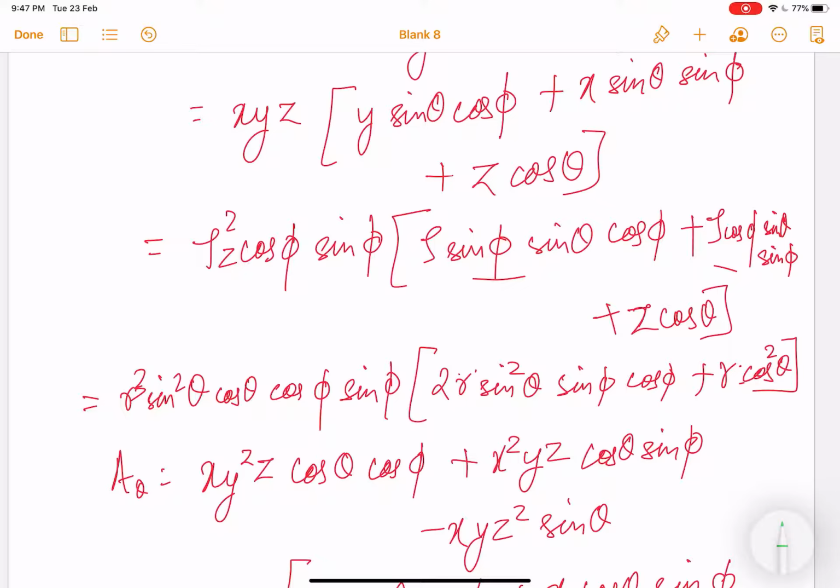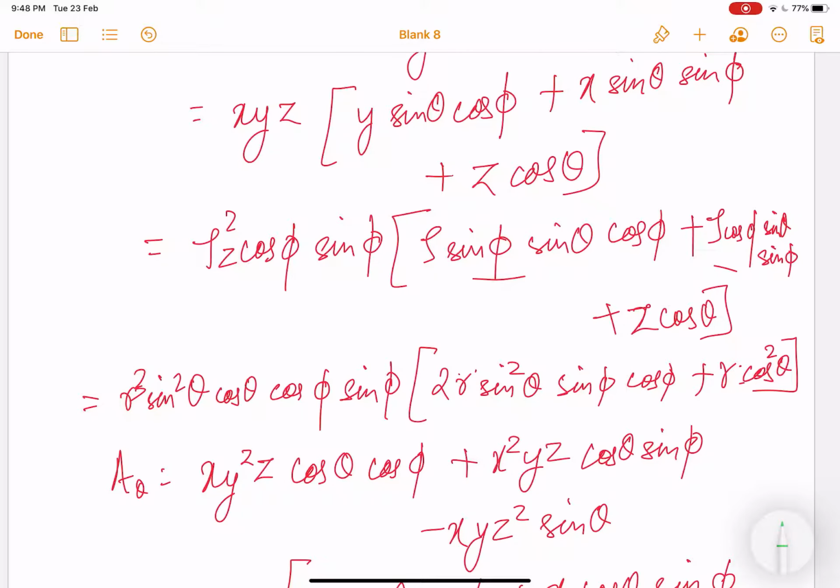Over here, then what shall I write? Plus r, that will be cos square theta. Cos square theta is, cos theta is cos 45, 1 by root 2, so it will be 1 by 2.5. So after doing all this big calculation, let me increase the brightness a bit.